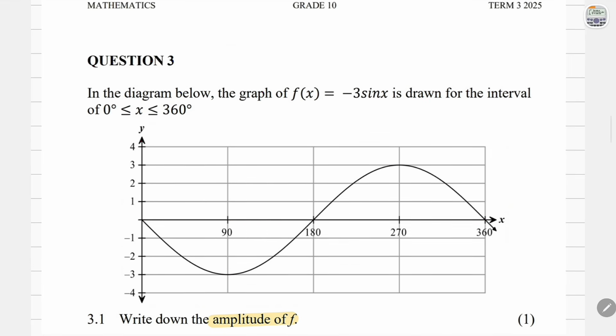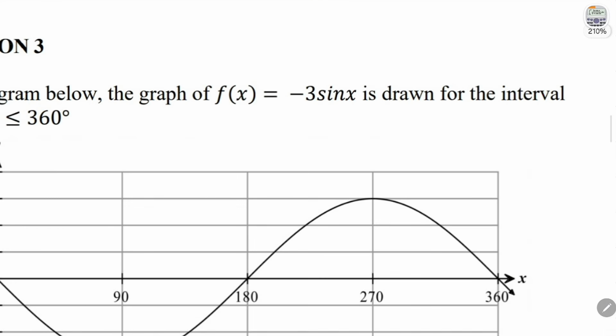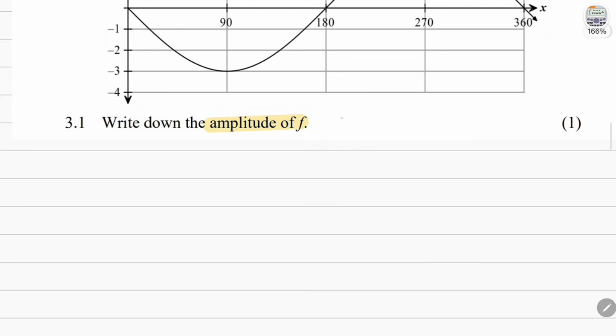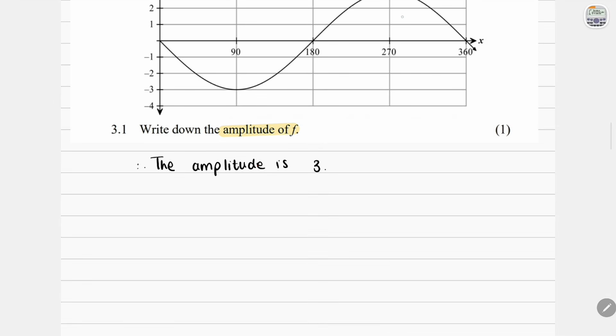You can also see this from the equation of your function. Because it says negative 3 sine x, the amplitude is always going to be the absolute value of this. So if it's negative 3, the length of that is just 3. Okay, the absolute value is 3. So the amplitude is 3. Okay, moving on to the next question.